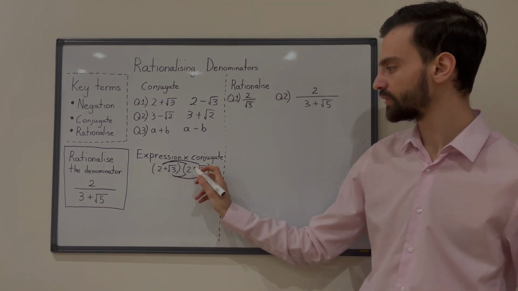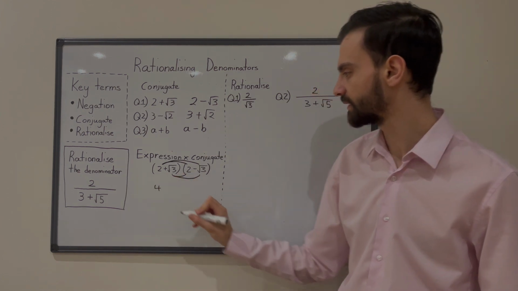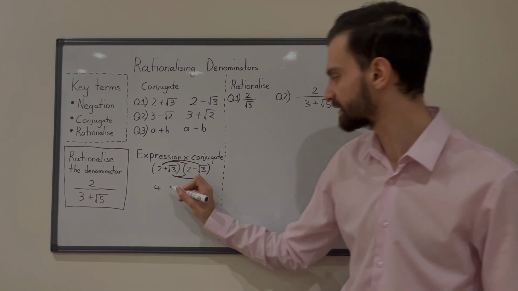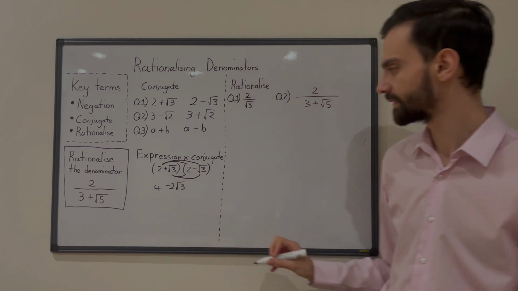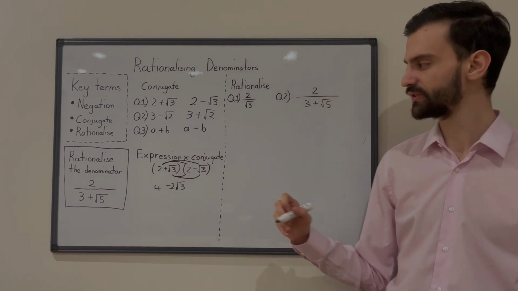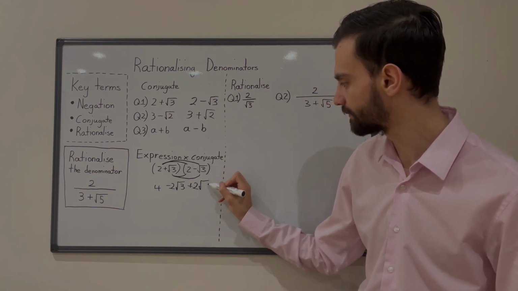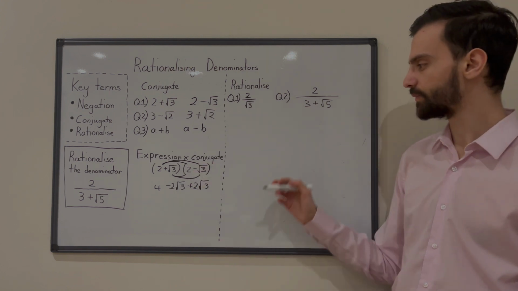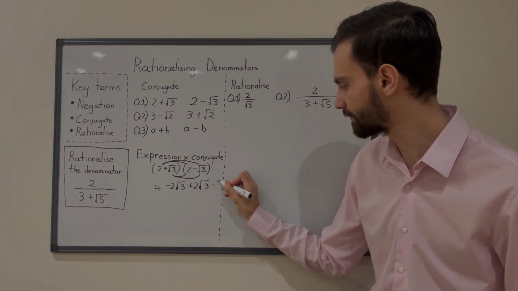So you have 2 multiplied by 2, which is 4. 2 multiplied by minus square root 3, which is minus 2 square root 3. We go underneath now, so plus square root 3 multiplied by 2, which is plus 2 square root 3. And finally, positive square root 3 multiplied by minus square root 3 is minus 3.